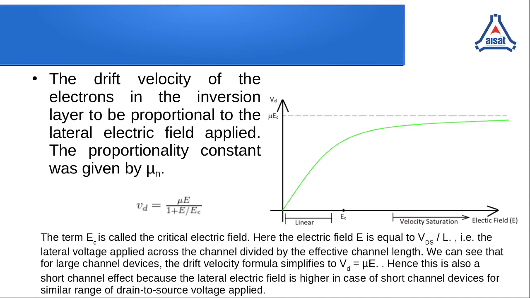As the channel length is smaller, or in short channels, this is the case. This will depend on the electric field and the critical field. It becomes constant. But in case of normal MOSFET, this equation becomes VD is equal to mu E, which depends just on the applied electric field.